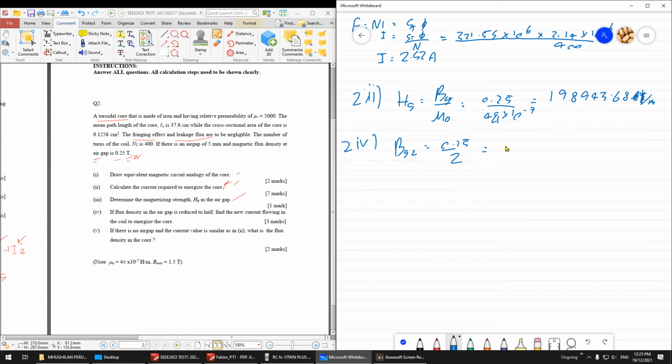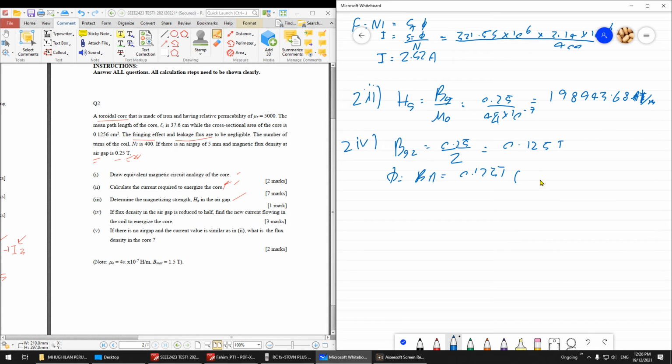You get 0.125 Tesla. Flux is equal to BA. Now find the new current.